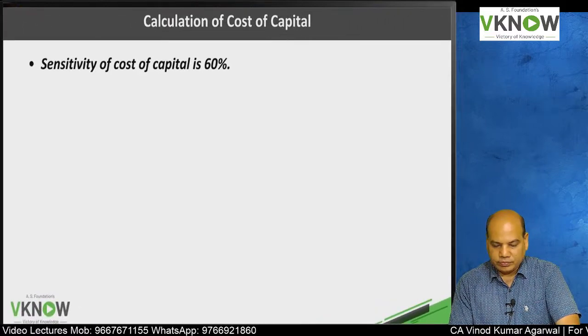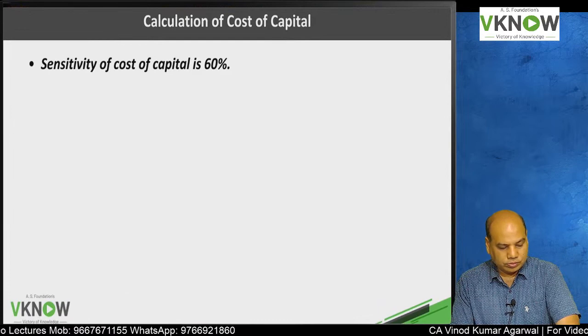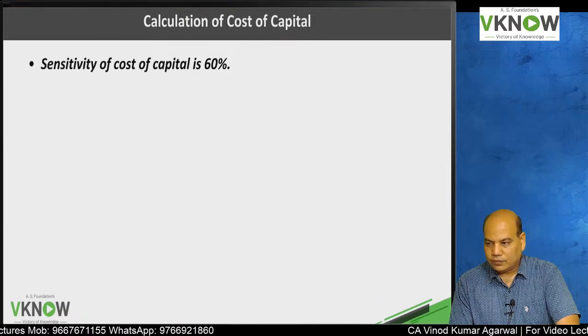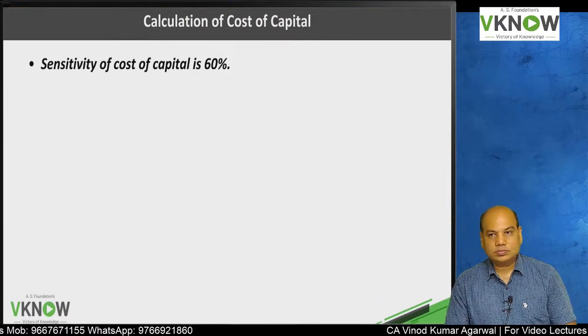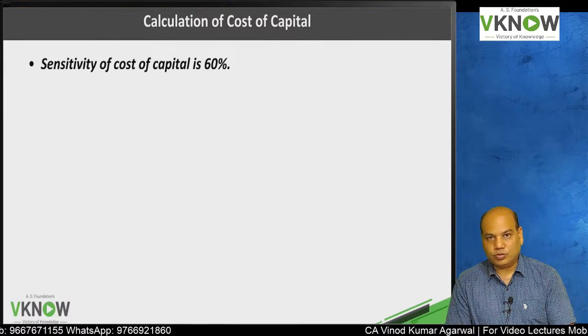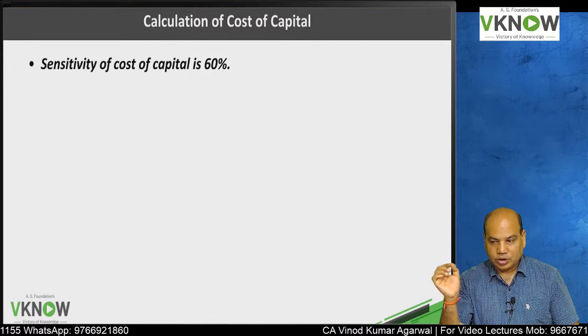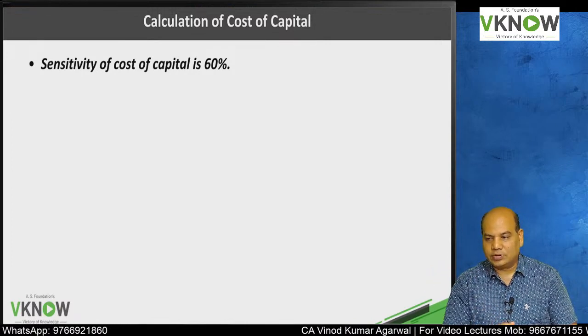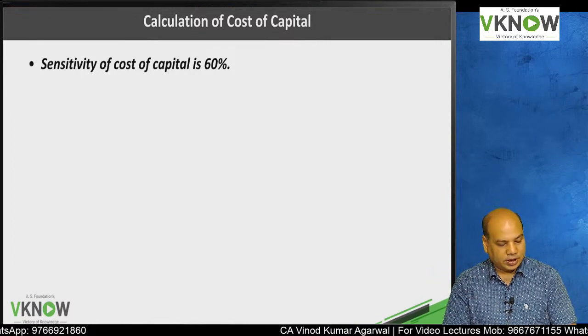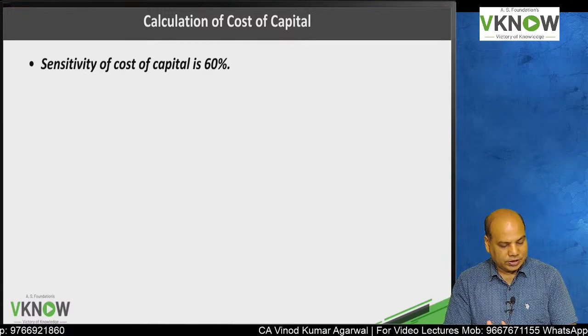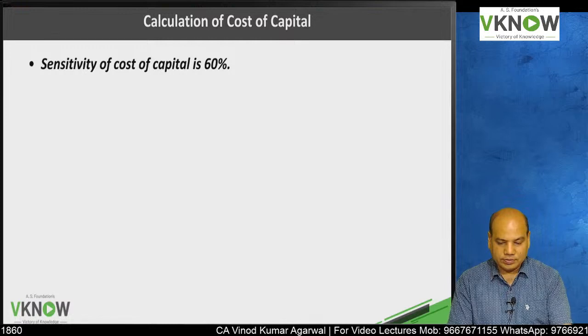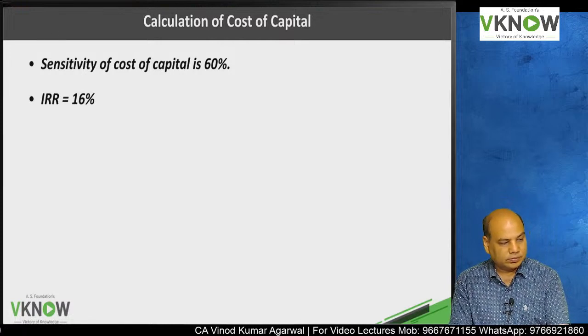Now write down step number 2. Calculation of cost of capital. Cost of capital we have to find. You are given IRR 16%. You are given that the sensitivity of cost of capital is 60%.